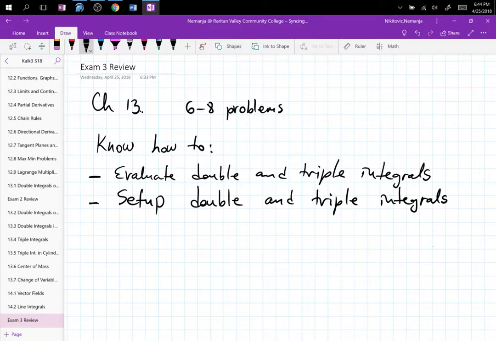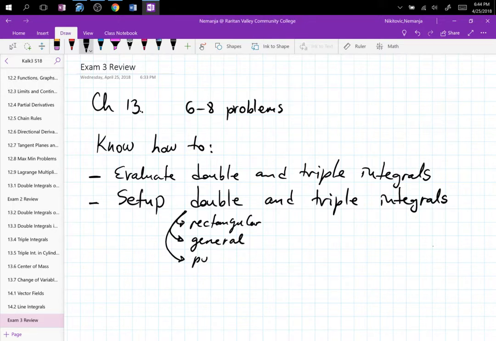For your double integrals, you will need to know rectangular, that is when you have all 4 numbers as limits, a rectangular region. Then you also have general, where the inner limits have functions, and polar, which is 13.3. So this is your 13.1, 13.2, 13.3.